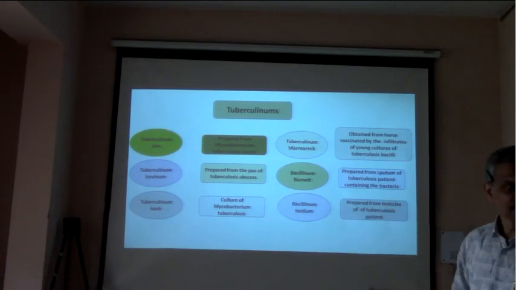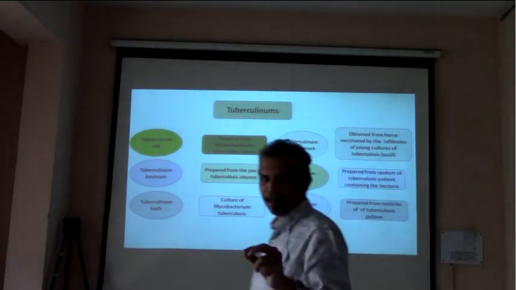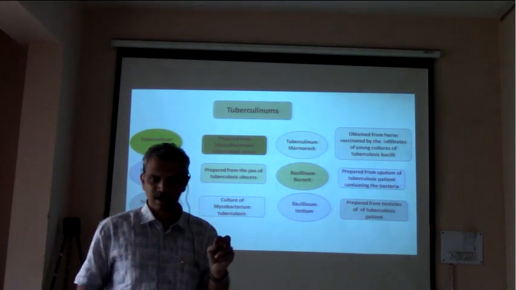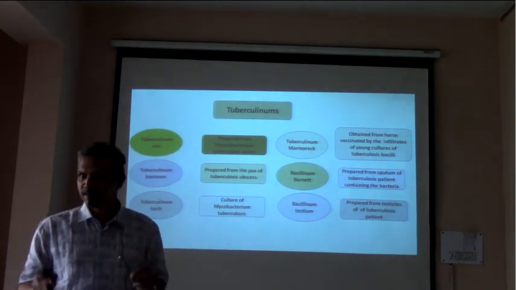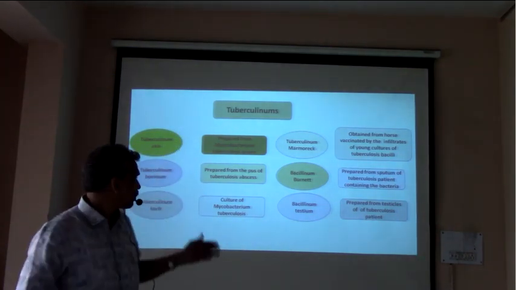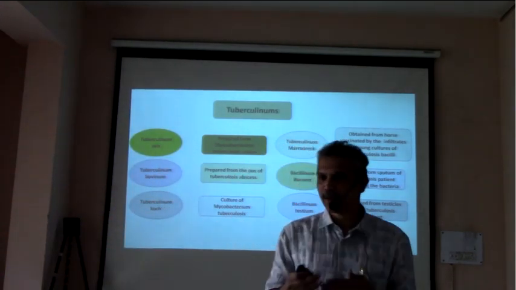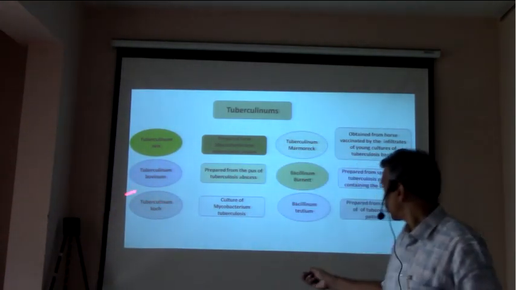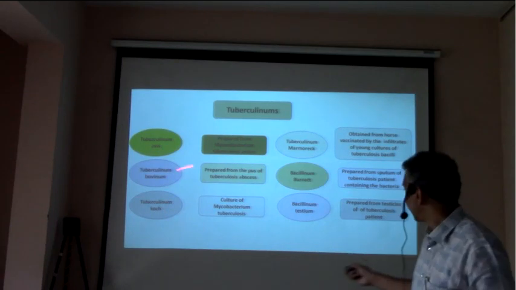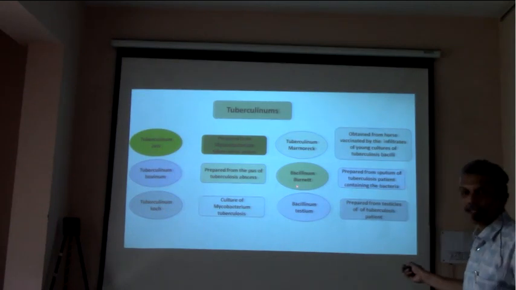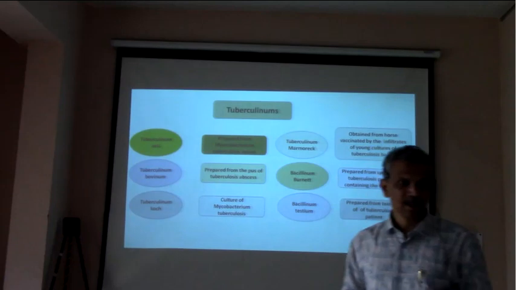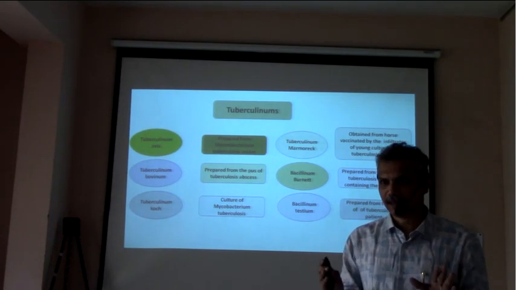Hope this part is clear. Fortunately, we have only 2 remedies in your syllabus. Out of the 6 I have mentioned, only 2 remedies is what we are going to discuss in detail. One is Tuberculinum Koch and the other very important one is Bacillinum Burnett. These are the only 2 remedies mentioned.